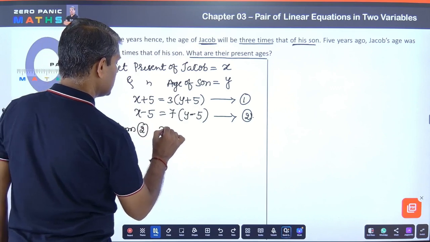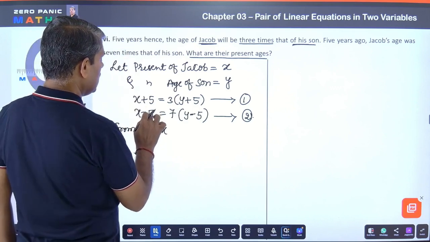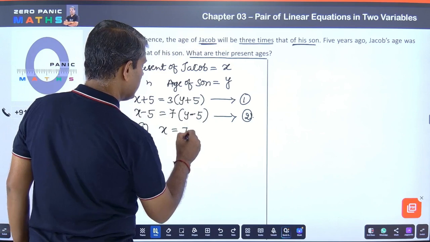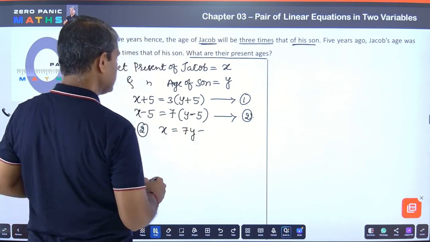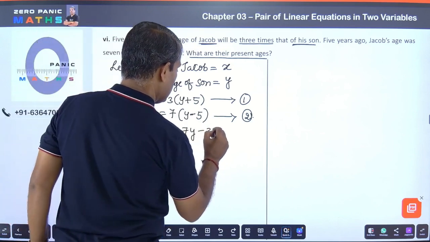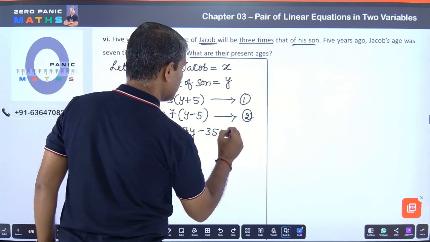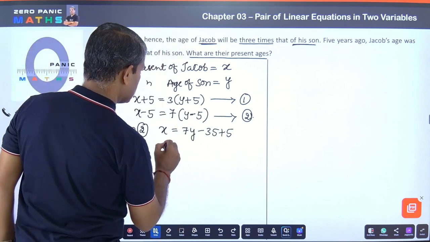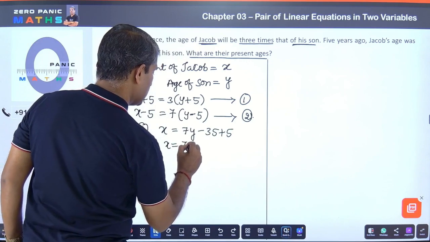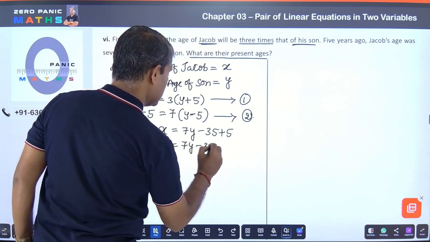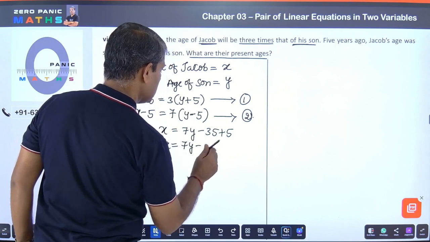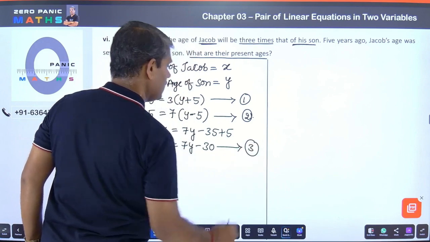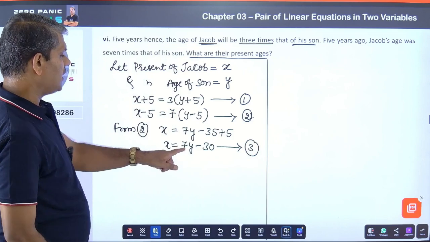From equation 2 I can form the value of x. So let us just push this minus 5 to that side. That will become 7y minus 35, and that will be plus 5. So x is equal to 7y minus 30. 7y minus 30 is my equation 3, which is the value of x in terms of y.